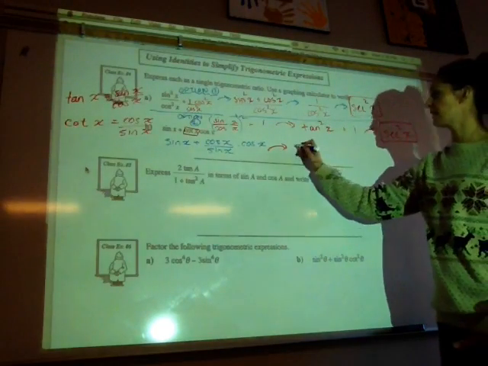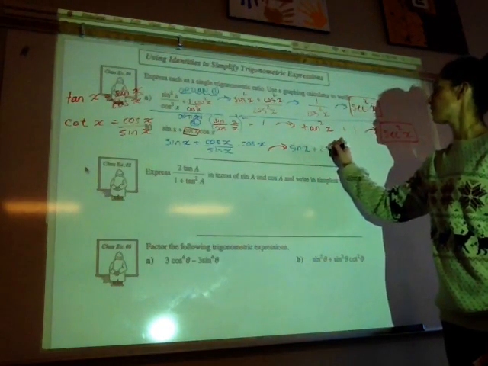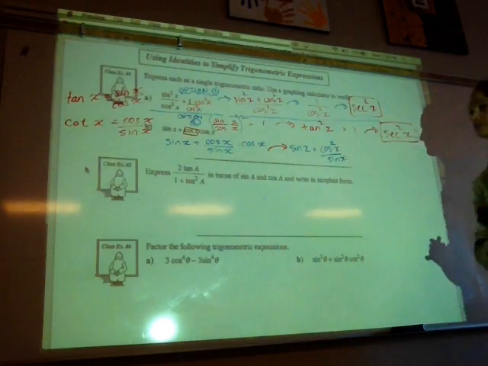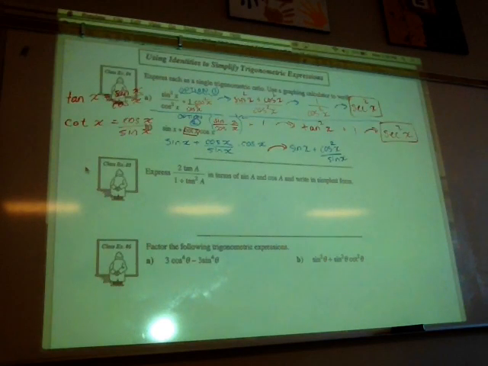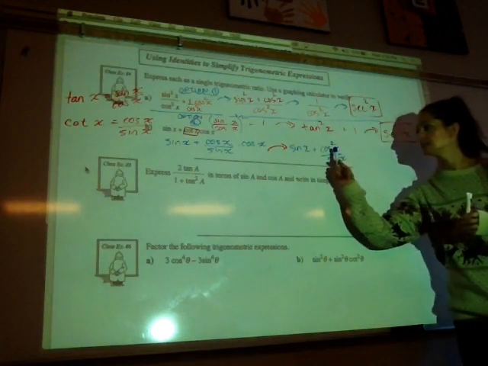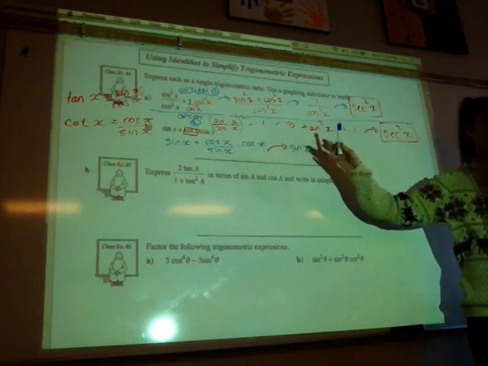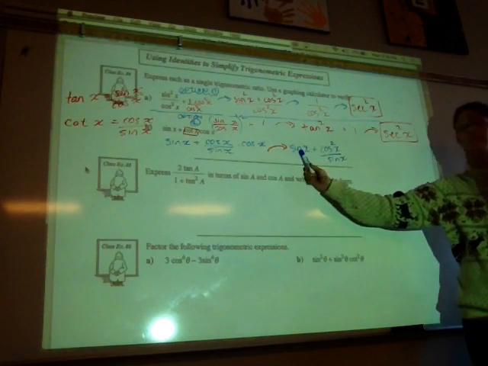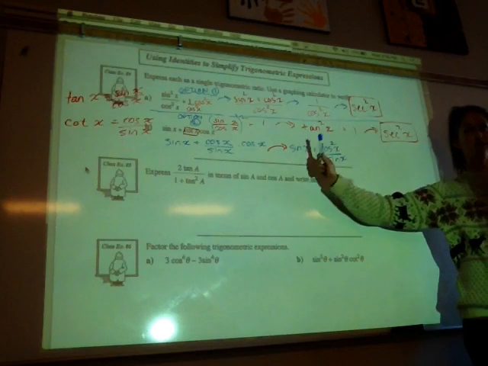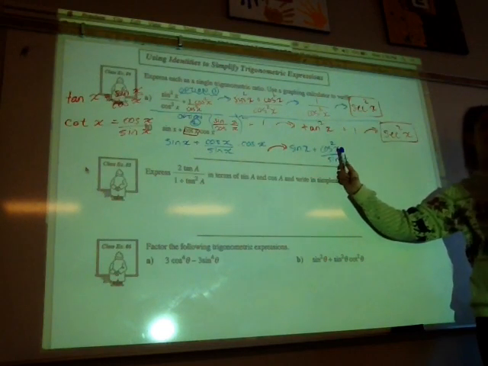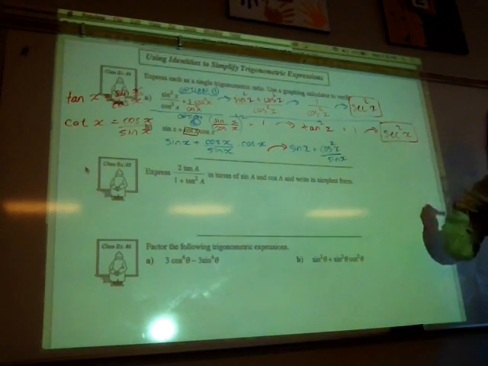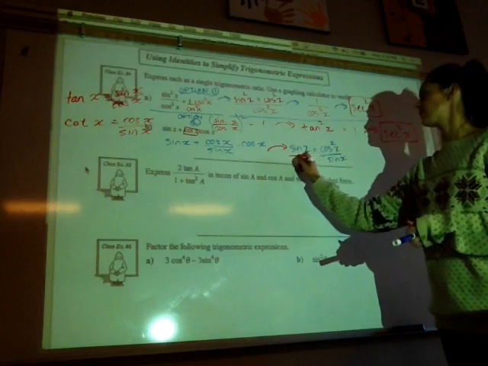So when we simplify things a little bit, we get sine x plus cosine x squared over sine x. Now I'm seeing a cosine x squared, and I have 2 terms. Knowing that I have a sine x in the denominator, if I were to multiply this by a sine x to get a common denominator, I'd get sine x squared plus a cosine x squared, and that leads to our next identity. So you kind of have to be thinking about where you are going. So let's multiply to get a common denominator now.